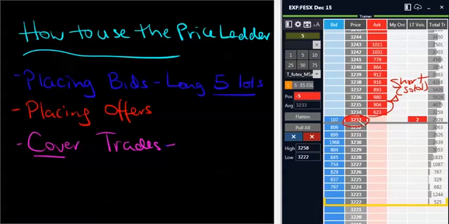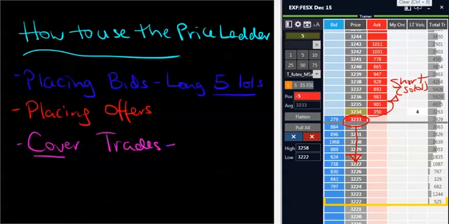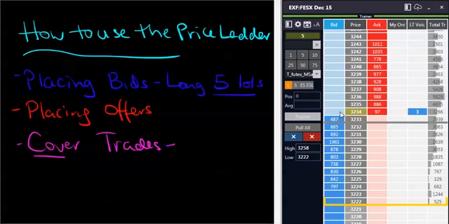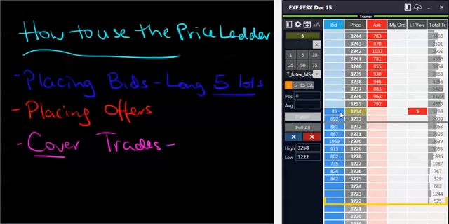And obviously, with me having sold 32.33, I would want the market to now travel lower, ideally. But in any case, if I wanted to get out of this position, I just do the same exact thing. If I wanted to take a 1 tick loss, I just click 32.34, and now I'm out of the market. So this is essentially how you would get in and out of your positions.